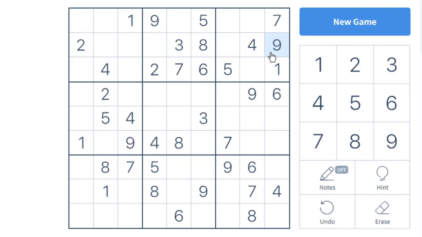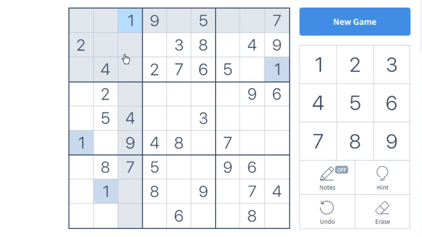If we look here, this one right here is occupying this row, this column, and oh, sorry, I forgot to also state, each square can only have one number in it as well.